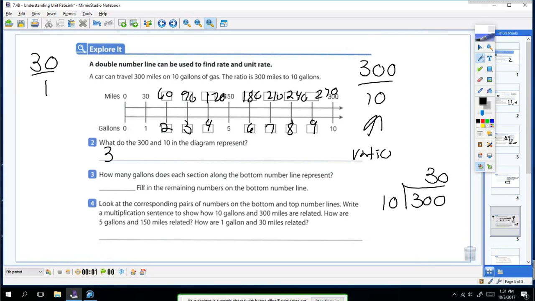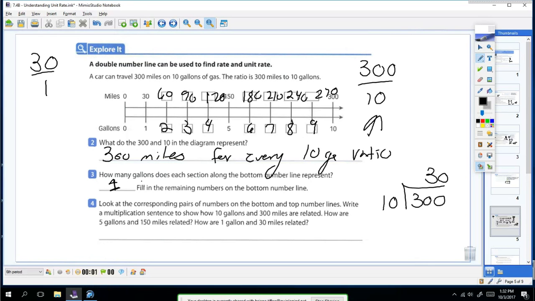Well, that represents 300 miles for every 10 gallons. So how many gallons does each section along the bottom number line represent? It represents 1 gallon. So you look at the corresponding pairs of numbers on the bottom and top number lines.